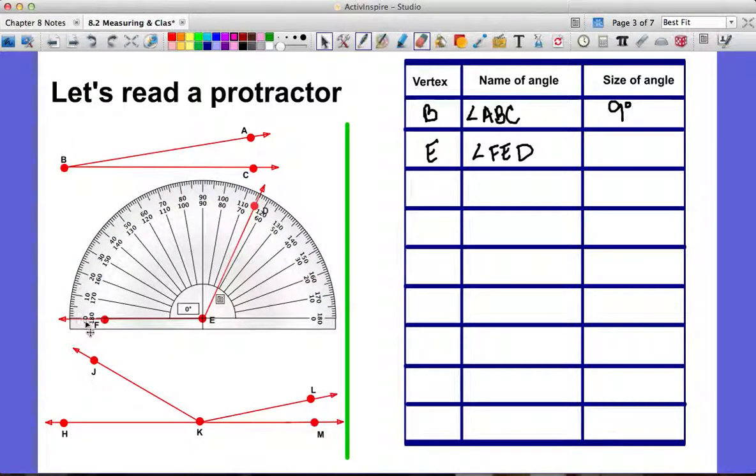That's right there. So we go 0 to 10, 20, 30, 40, 50, 60, 70, 80, 90, 100, 110. We don't get quite to 120, but if we look very closely here, you'll notice it goes past 115, so we count each one, 1, 2, 3, 4, 5, and we actually get to 16. So angle FED is 116 degrees.